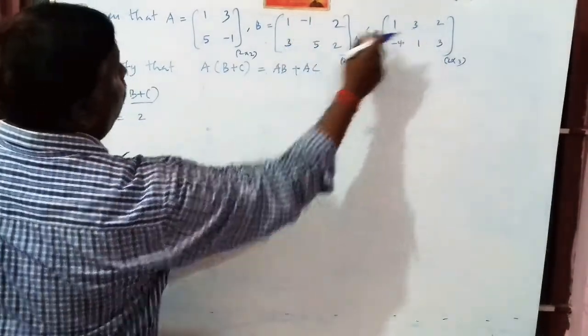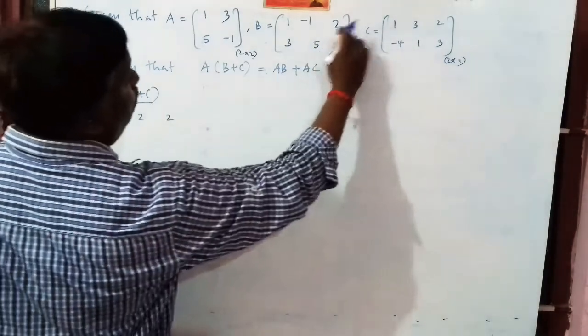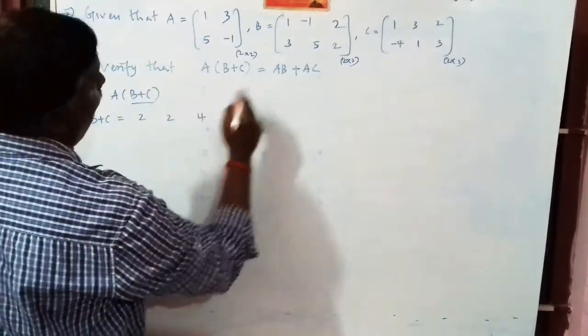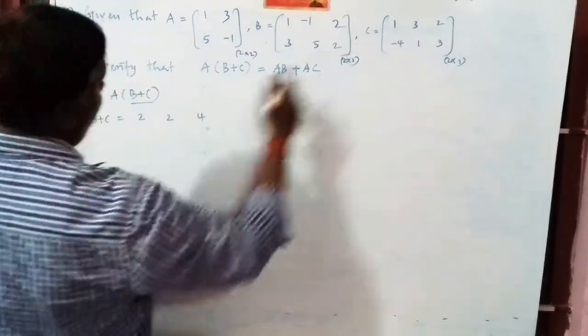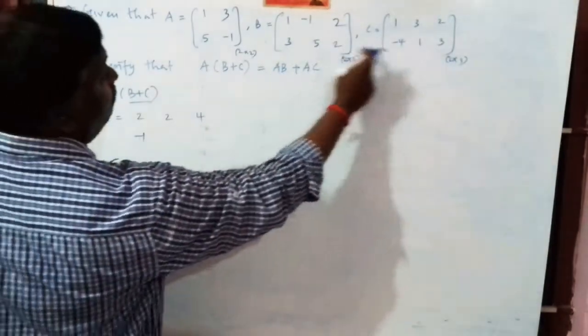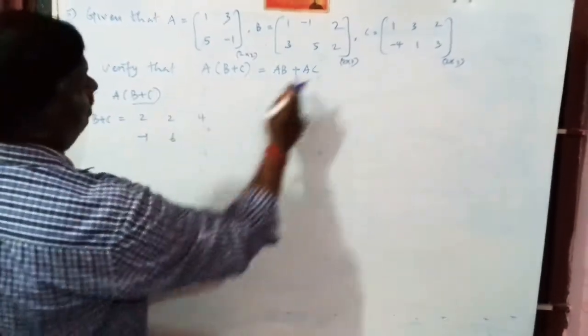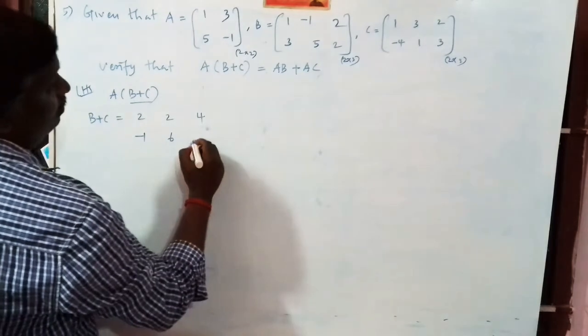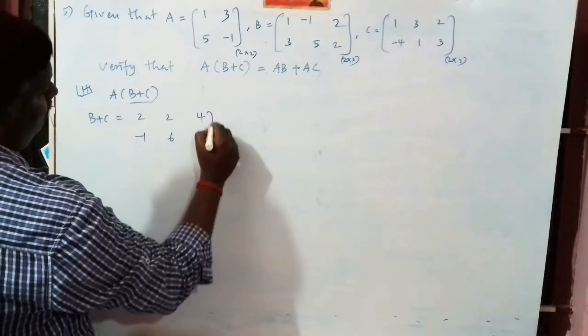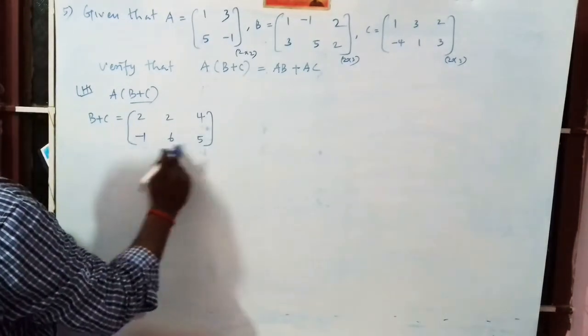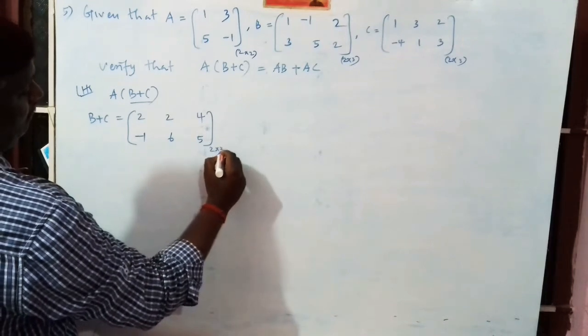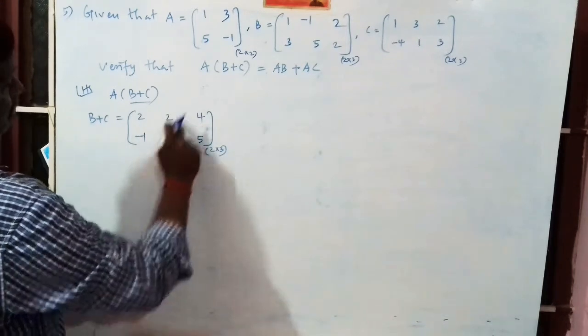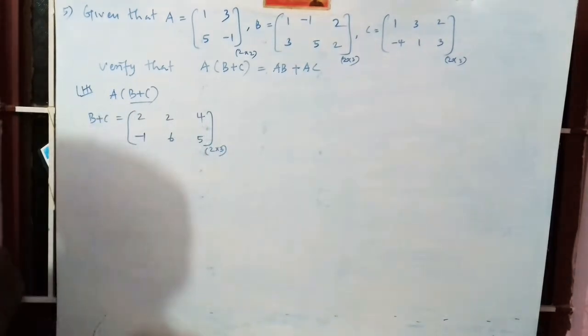Minus 1 plus 3 equal to 2. 2 plus 2 equal to 4. And 3 minus 4 equal to minus 1. 5 plus 1 equal to 6. And 2 plus 3 equal to 5. So B plus C equal to this matrix. The order is 2 by 3, so 2 rows and 3 columns. This is called B plus C.